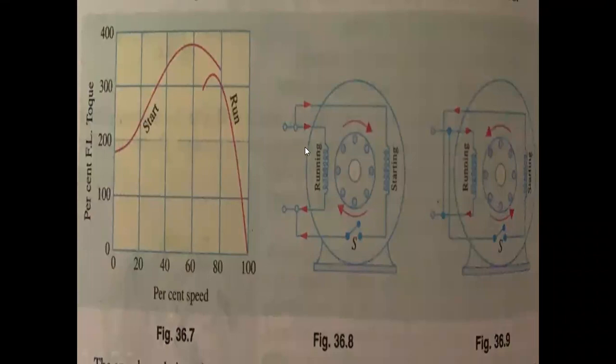For this purpose, 4 leads are brought outside the frame. This round one is the frame, and it is screwed at this point so that the motor does not move while rotating. In the next figure 36.9, we can see that the connections of the stator winding are reversed.